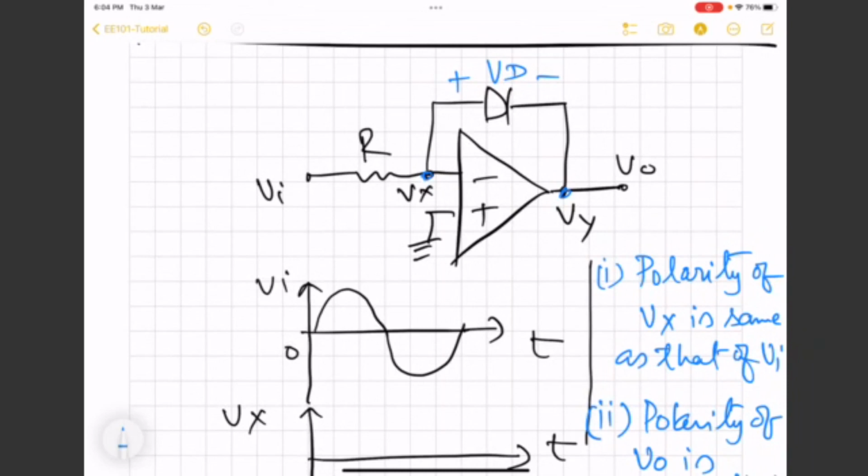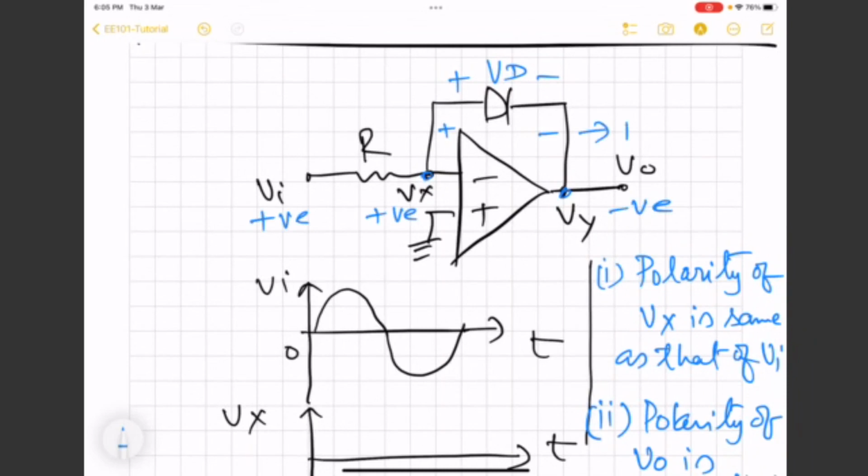During first half, you can see that this is positive. So this is also going to be positive, and Vy is going to be negative. So during this half, diode will experience this kind of voltage.